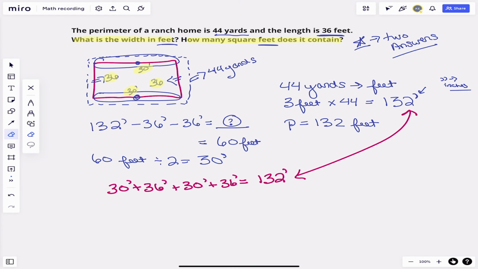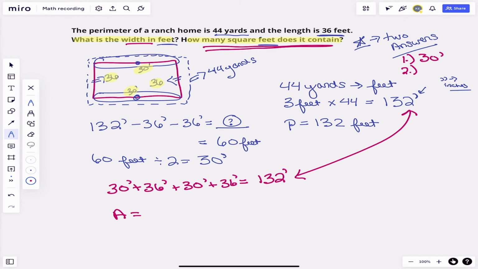So for our first answer, we know that the width is 30 feet. But for our second question, remember we need to know how many square feet does it contain? Well, for the square feet, we're looking for the area.